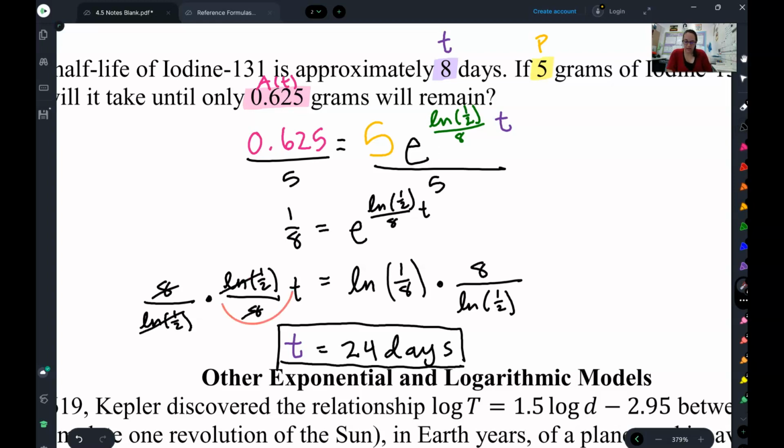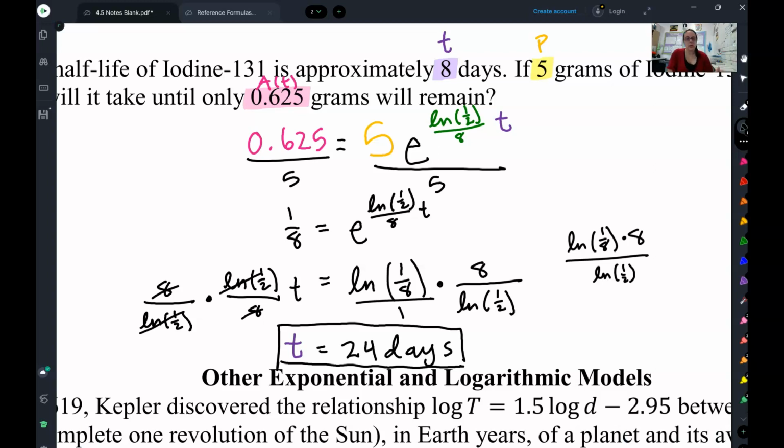So instead of ln of 1/2 over 8, I times by 8 over ln of 1/2. And then since it's the reciprocal, it also cancels. And then multiplying by the reciprocal over here is a little easier because I can put that over 1 and then just multiply across. So then in my calculator, I can do this, which is a little bit easier to type in. And then if you type that in, you should get an answer of 24 days.